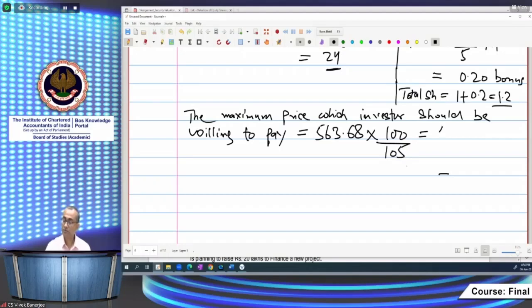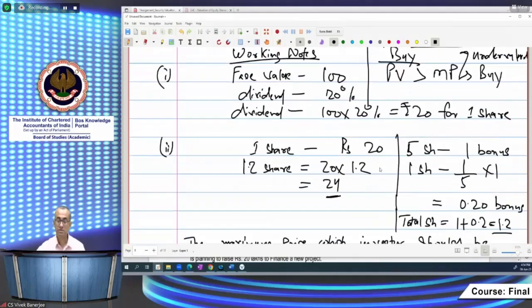So it is coming to 536.84. So this is the maximum price which the investor would be willing to pay. So this is how this question is solved.